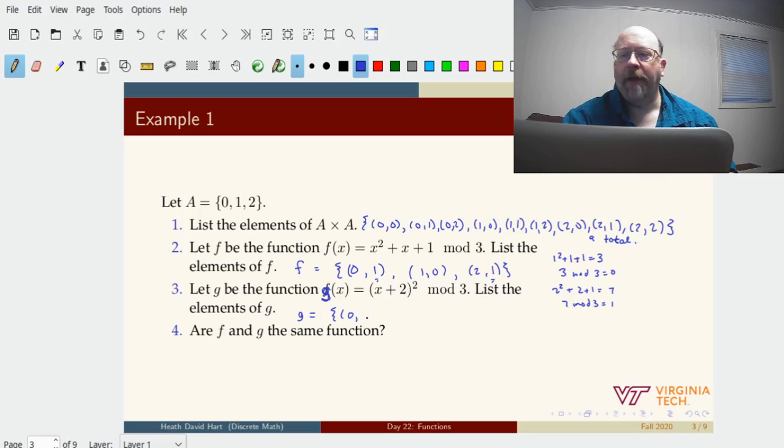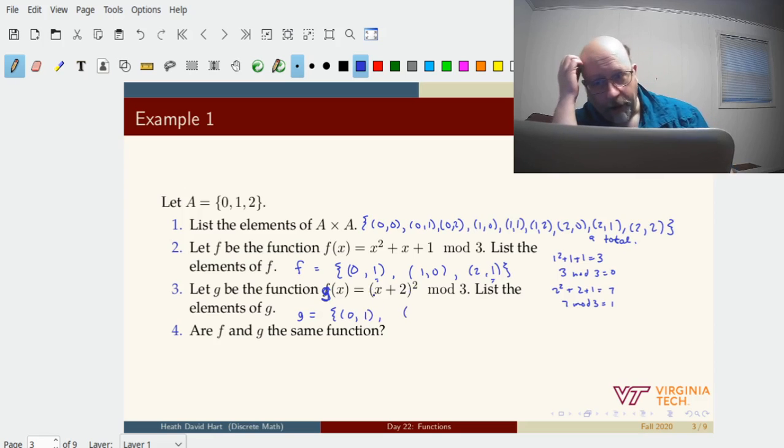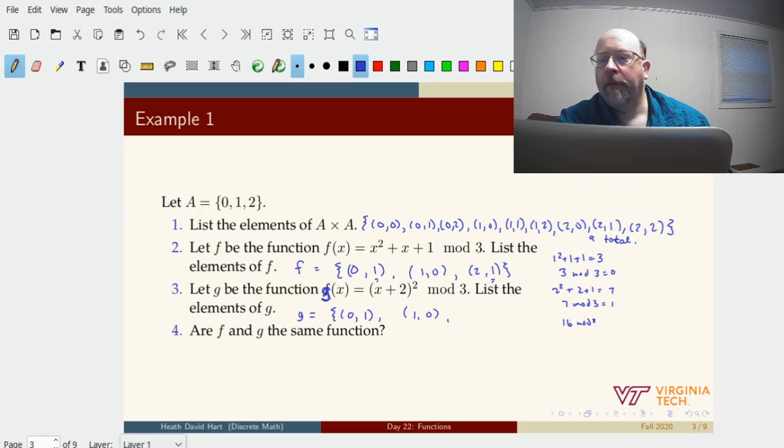But 4 mod 3 is 1. 1 plus 2 is 3. 3 squared is 9, but 9 mod 3 is 0. And 2 plus 2 is 4. 4 squared is 16. 16 mod 3. 15 mod 3 is 0, so 16 mod 3 is 1. So that gives me (2, 1).